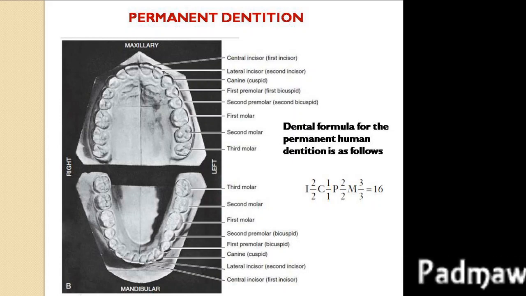So the teeth are central incisor, lateral incisor, canine, first premolar, second premolar, first molar, second molar, and third molar. The dental formula for permanent dentition is I 2/2, C 1/1, P 2/2, M 3/3. I stands for incisor, C for canine, P for premolar, and M for molar. So the teeth added are the premolars and third molars.